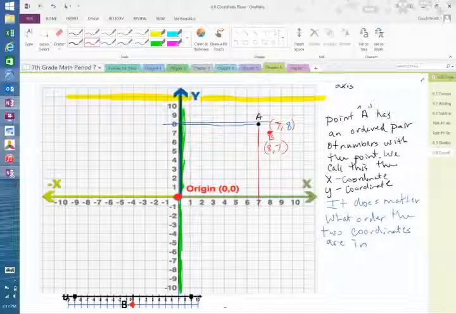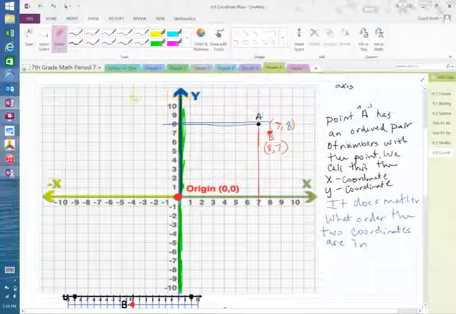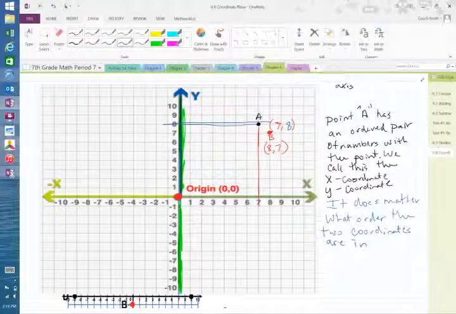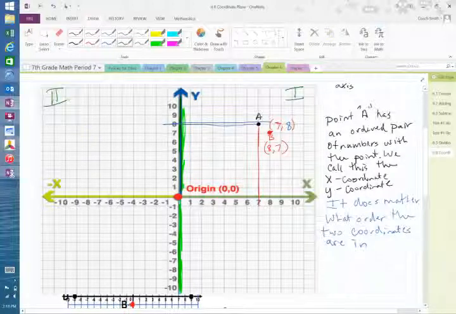You will notice that our graph is divided into 4 sections. We call these sections quadrants.